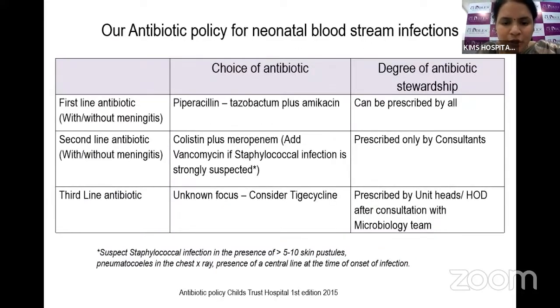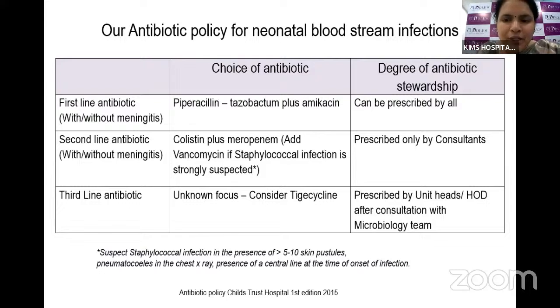Now, our unit, which deals with a combination of inborn and outborn babies, we start with a first-line combination, usually with a third generation cephalosporin and aminoglycoside. So this is not exactly what is written on this particular table. We often use as a second-line choice piperacillin-tazobactam plus amikacin.